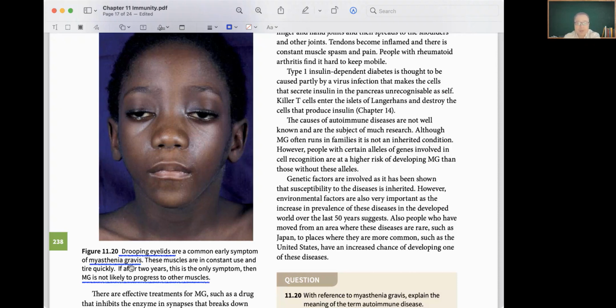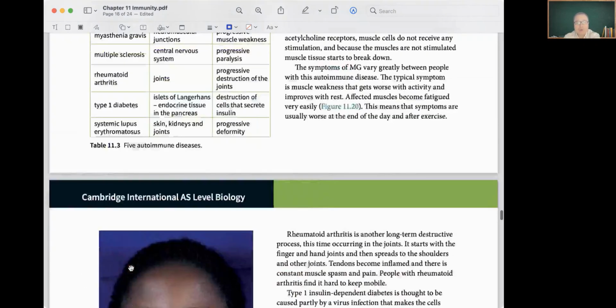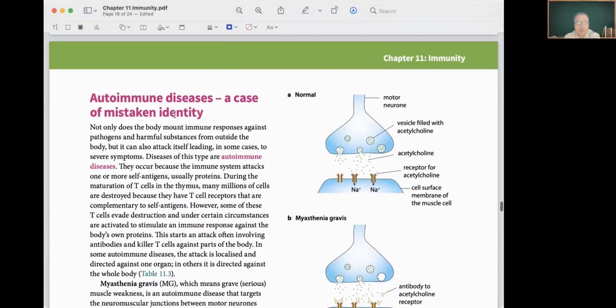This is called autoimmune disease, 自身免疫性疾病. So this is called a case of mistaken identity. That's to say, you just kill yourself. It's another kind of suicide.